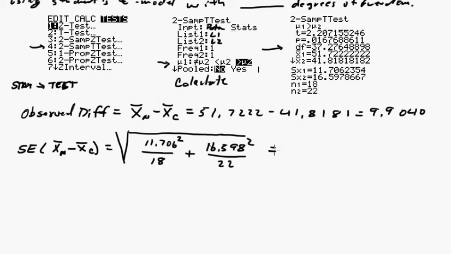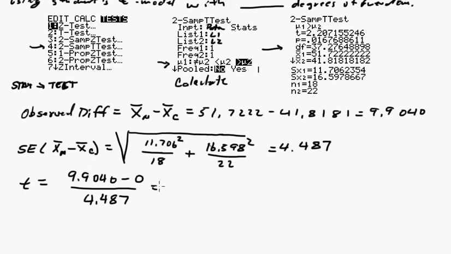Okay, so I get 4.487. So my t-value is going to be my observed value, 9.9040, minus the hypothesized difference, which is 0. Okay, and then we're going to divide by this.